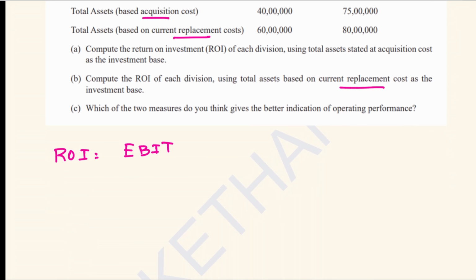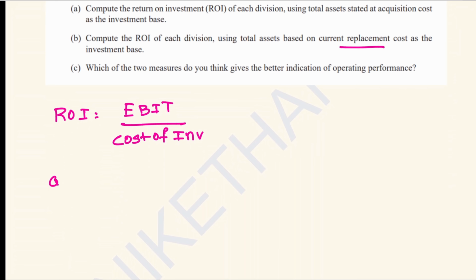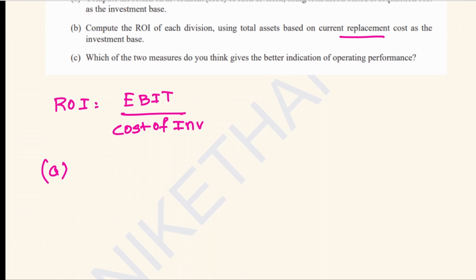EBIT divided by cost of investment. So this is your formula. Let us take the case of A, where cost of investment is the cost of acquisition. You have Bokaro first, then you have Durgapur.